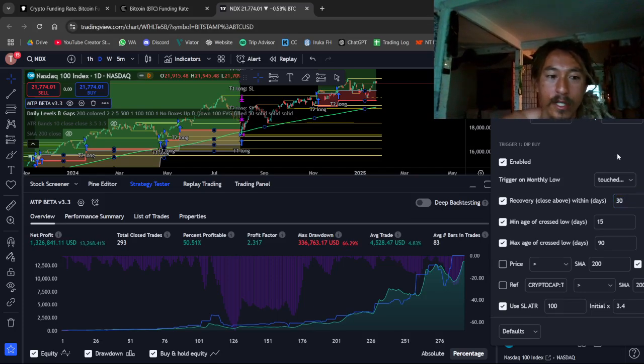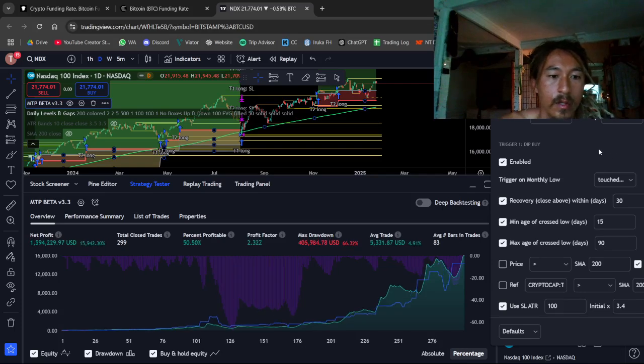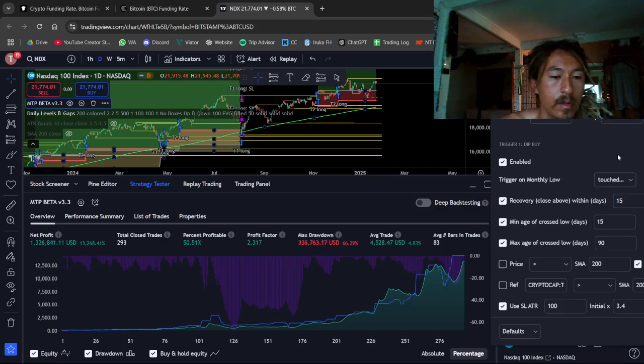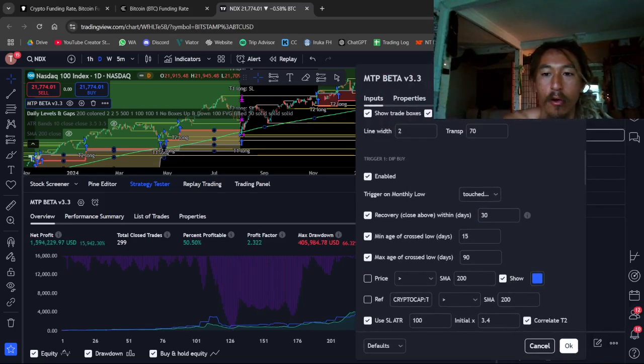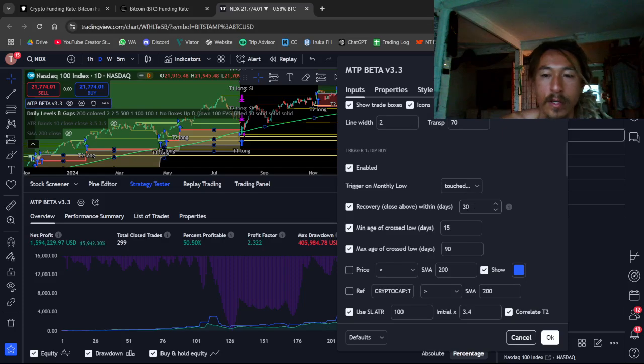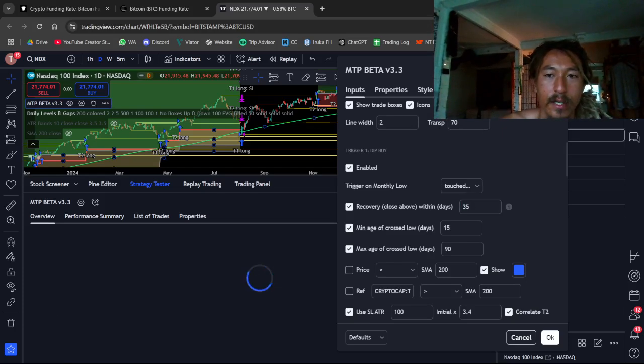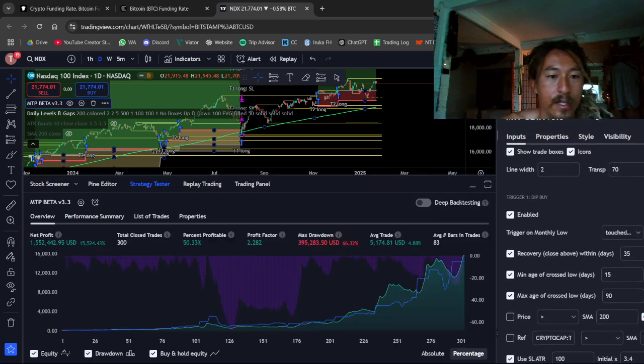And if we put it to 30, why does it look the same but better? Okay, because we went to a 16,000% return and our drawdown didn't change. So 30 is better. Now I could tweak it and try to put it at 35 or 34, but that's sort of over optimizing, I think.